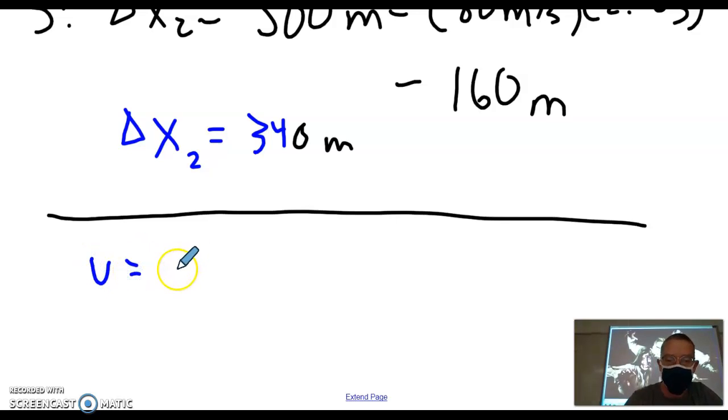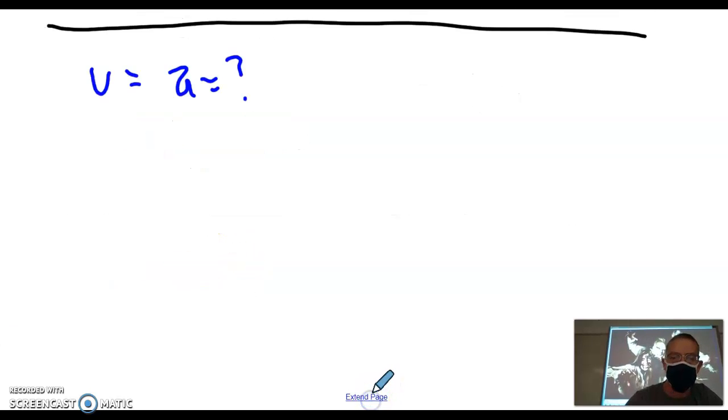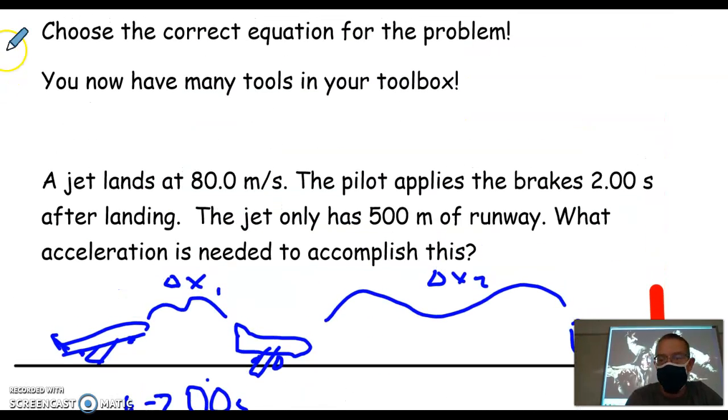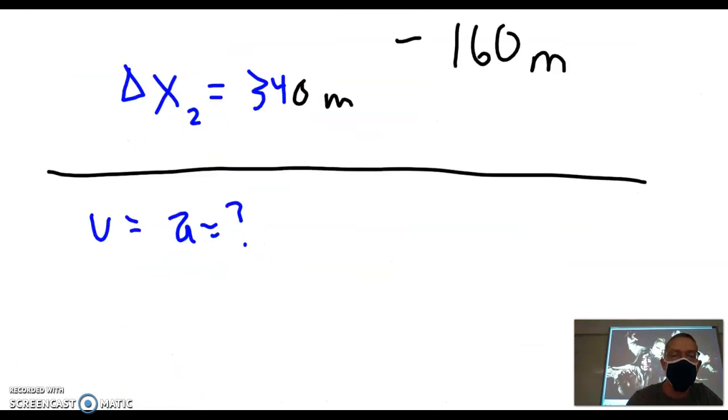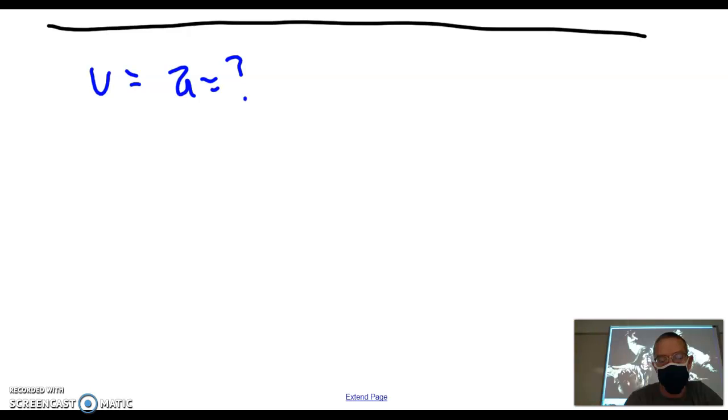What the problem was ultimately looking for was what acceleration was necessary for that to happen. In all of our givens they didn't give us a time for this section, so we need to find an equation that solves it without time.